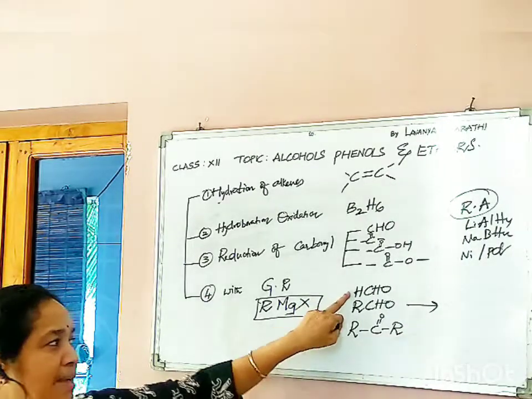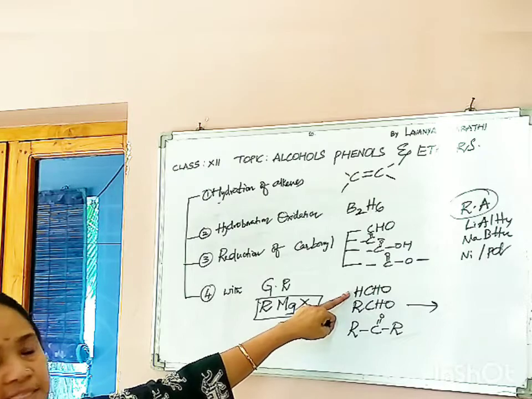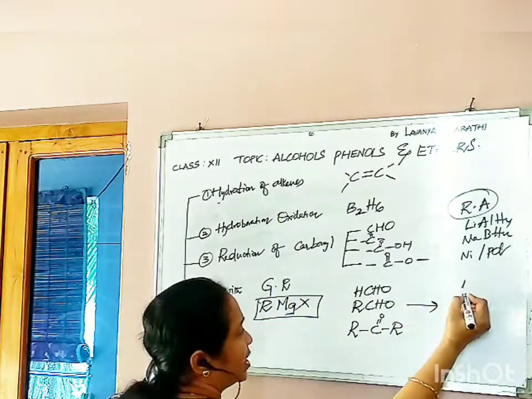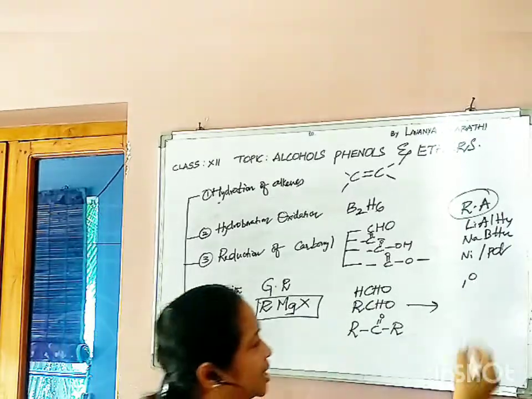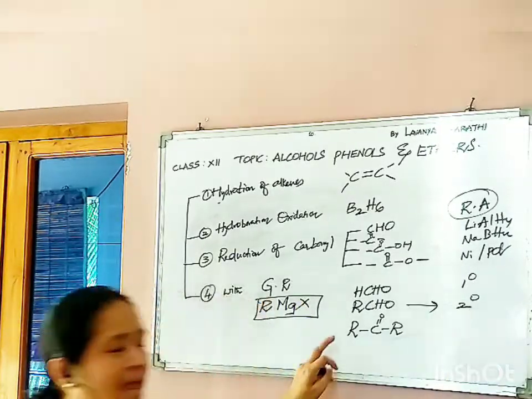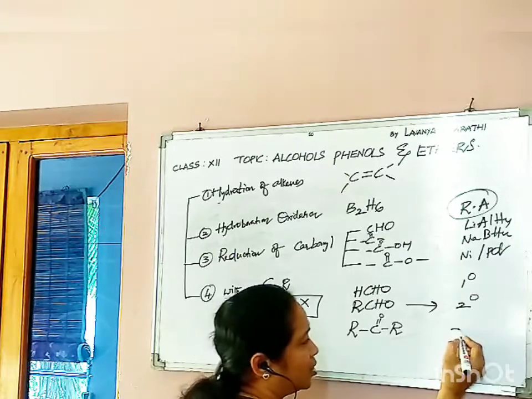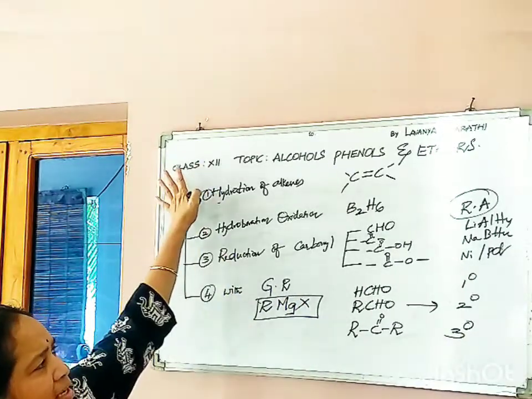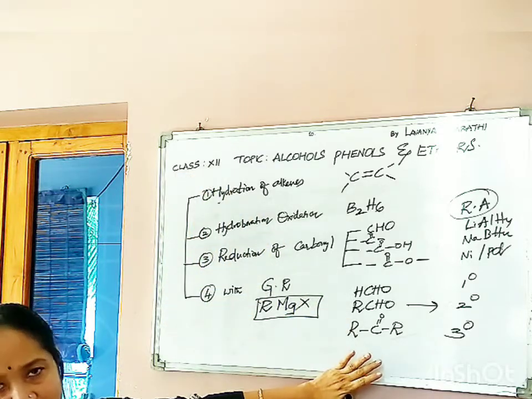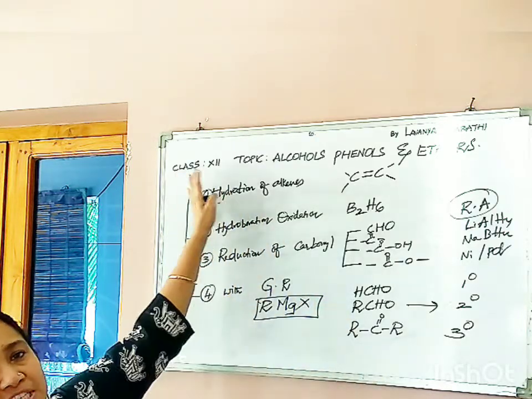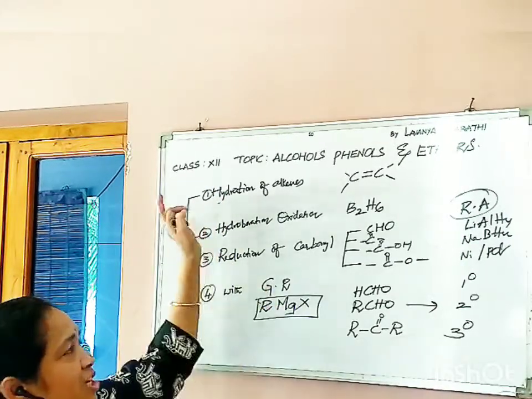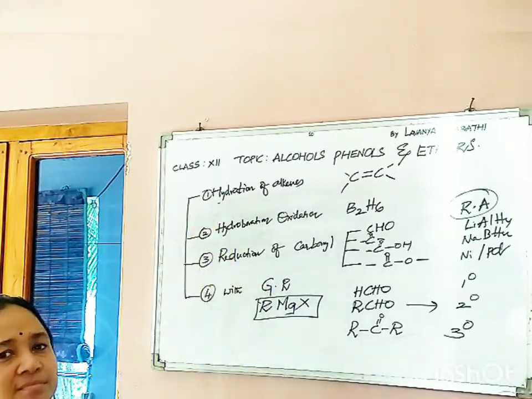When a lower aldehyde is taken, you get a primary, 1 degree alcohol. If you take a higher aldehyde, you get a 2 degree alcohol. And if you take a ketone, you get a tertiary, 3 degree alcohol. So this is a small flow chart representing the different techniques for preparing alcohols. In detail, we'll go through each and every technique.